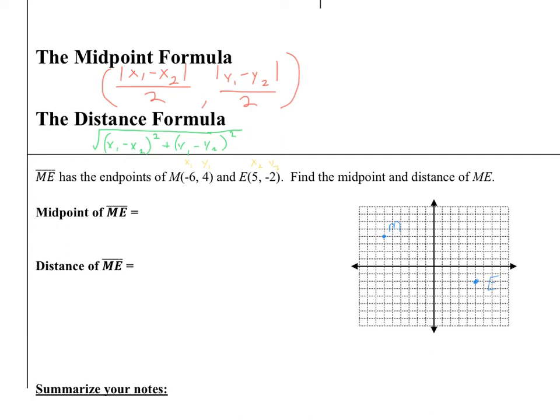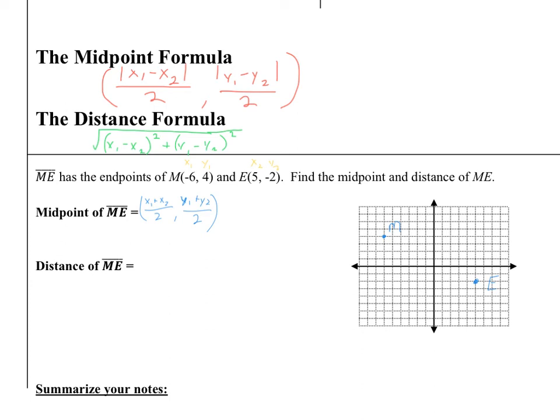So now let's take a look at using our formulas to actually compute these values. So for my midpoint, it is x1 plus x2 divided by 2 will give me my x coordinate, and my y coordinate is y1 plus y2 divided by 2. So now, again, all I do is I fill in the blanks and do the math.